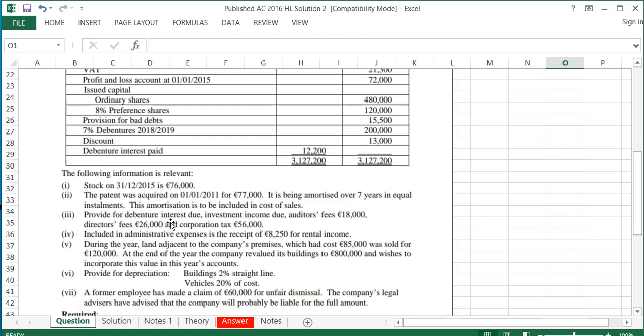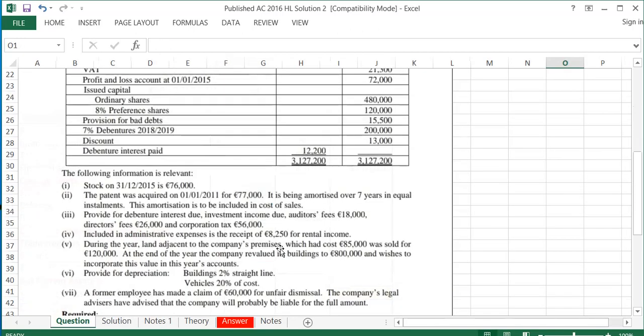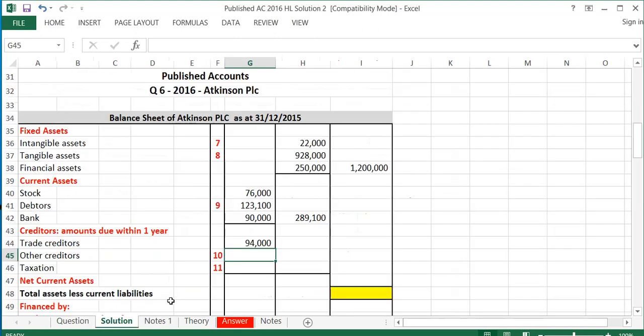They have not been paid, so they're still due at the end of the year, so they're liabilities. So they have to go in here as 18,000 and 26,000. The unfair dismissal claim from note 7, this 60 grand has not been paid yet, so that has to go with other creditors.